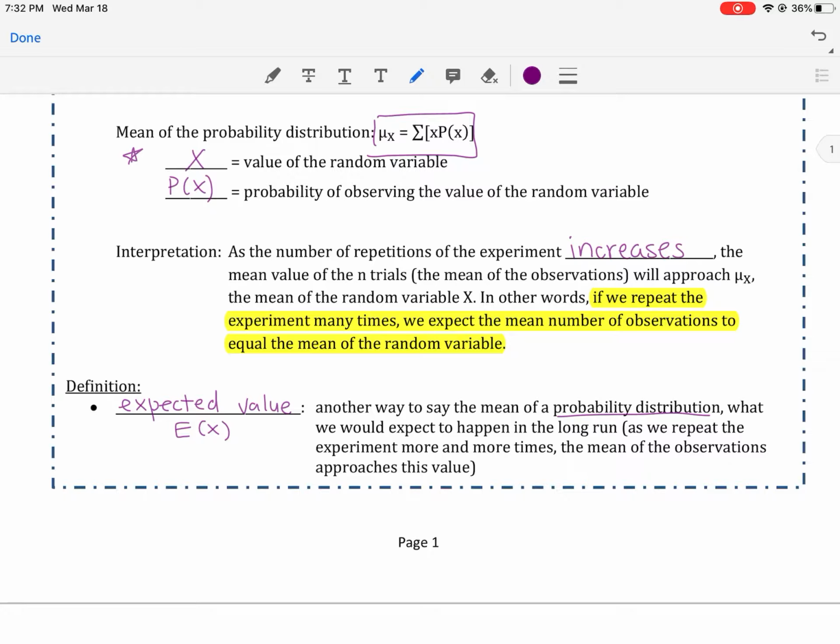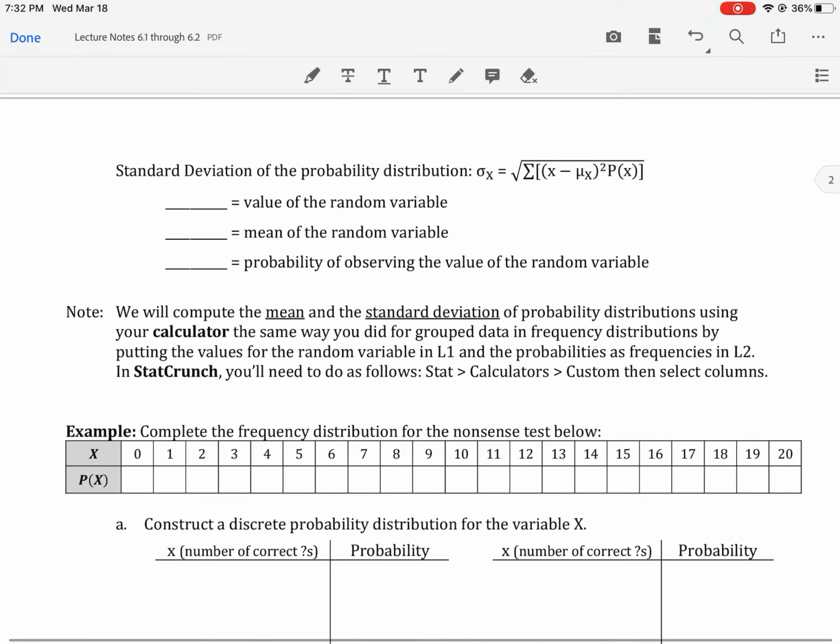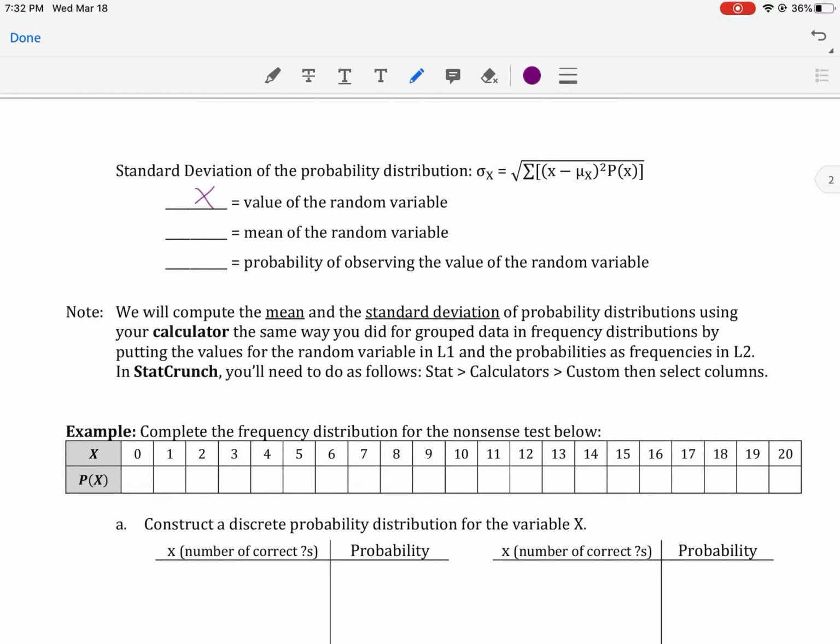Remember, as we repeat the experiment more and more times, the mean of the observations approaches this value. Our standard deviation is given by the formula there. x is the value of the random variable, mu sub x is the mean of the random variable, and P of x is the probability of that happening.